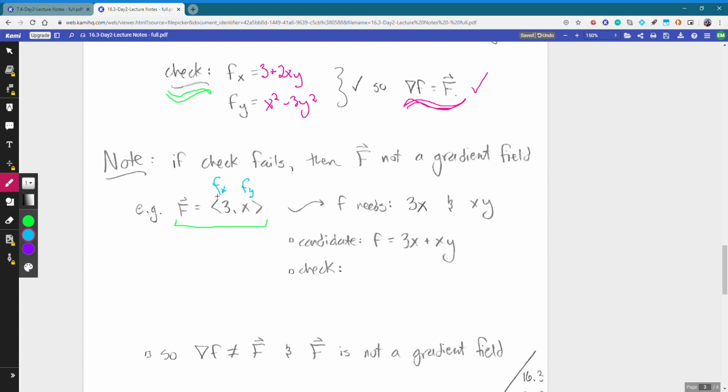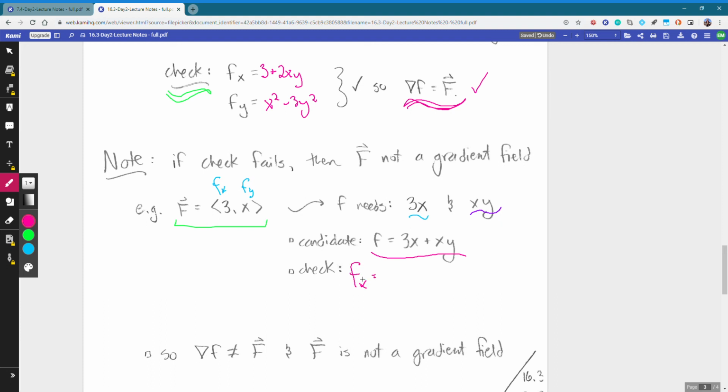And so looking at the x component information, our function would need 3x. And looking at the y component information, our function f would need xy. And so putting those together, our candidate function is this function right here.